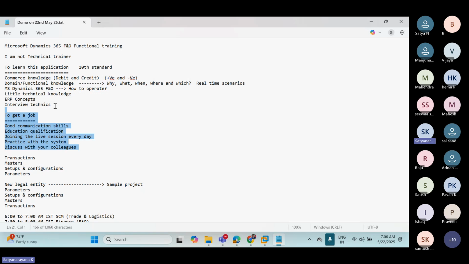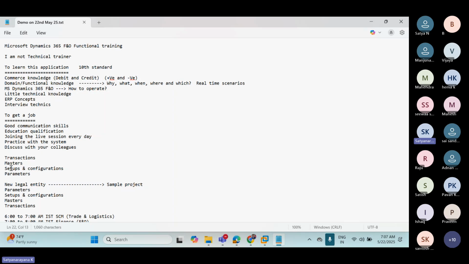in the product. Whenever I'm teaching, I will teach transactions first. Transactions means vendor invoice, vendor payment, customer invoice, customer payment, check returns, like this.